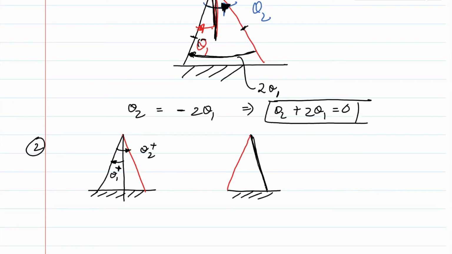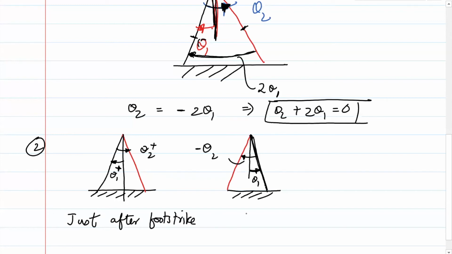So the configuration is the same, but we want to rename this angle as theta 1 and this angle as theta 2. And since this is clockwise, I'll call that negative. So this is just after foot strike, and then this is the swap.